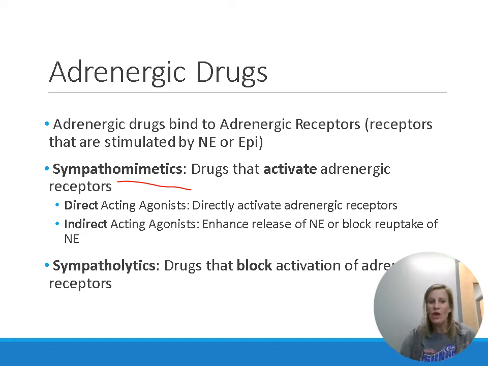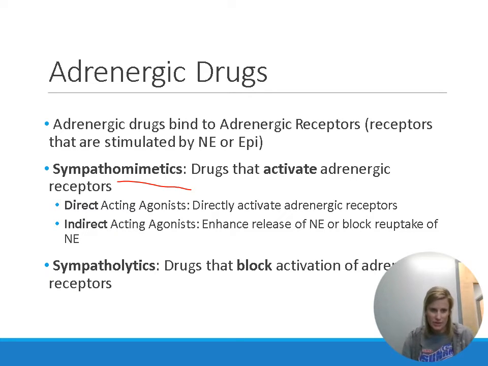Technically, sympathomimetics or agonists come in two types. We have direct acting agonists and indirect acting agonists. Direct acting agonists bind to the adrenergic receptor and activate it. So they're acting exactly like the epinephrine or norepinephrine would act.